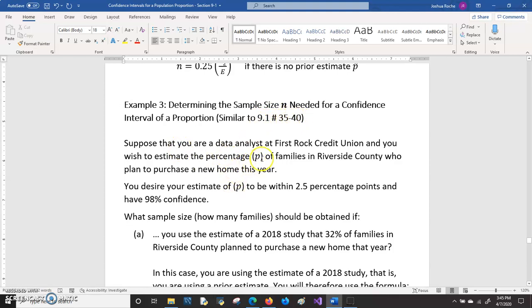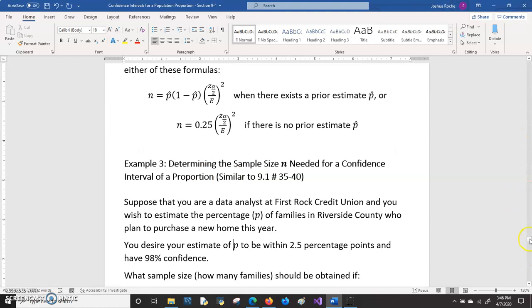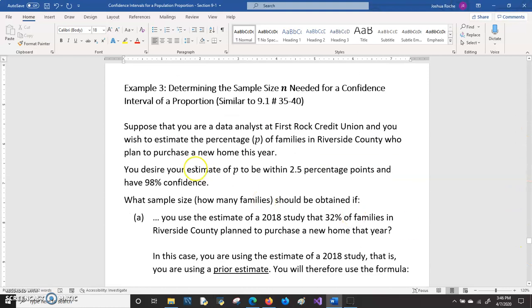Suppose that you're a data analyst at First Rock Credit Union and you wish to estimate the percentage of families in Riverside County who plan to purchase a new home this year. You desire that your estimate of this percentage P be within 2.5 percentage points and have 98% confidence.